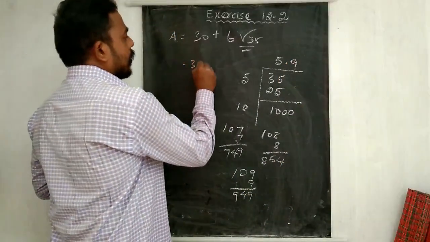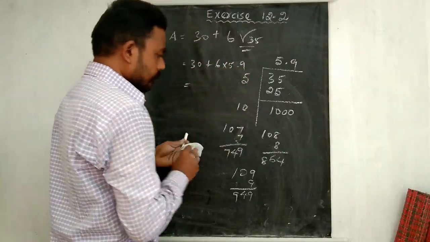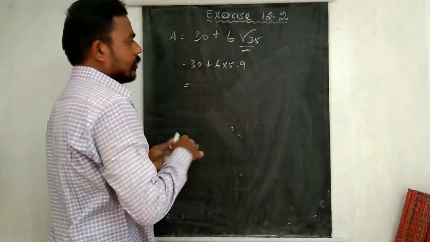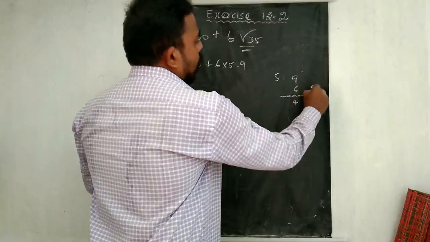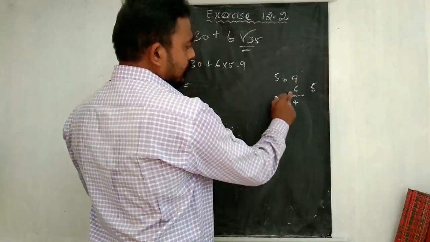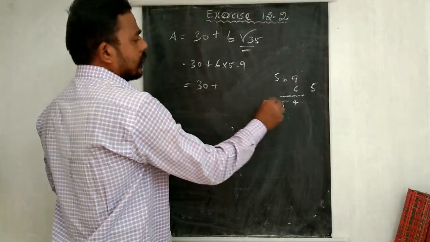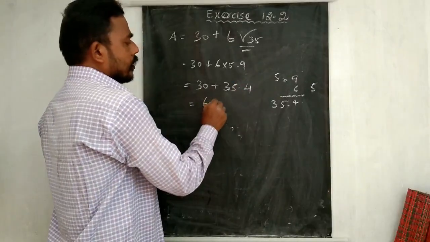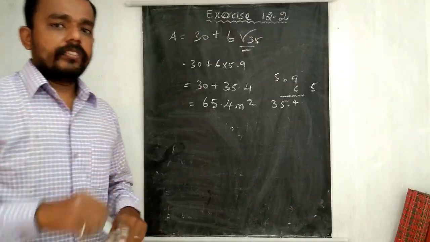So 30 plus 6 into 5.9. So 5.9 into 6 is 35.4, and 30 plus 35.4 is 65.4 square meters. This is the area of the quadrilateral.